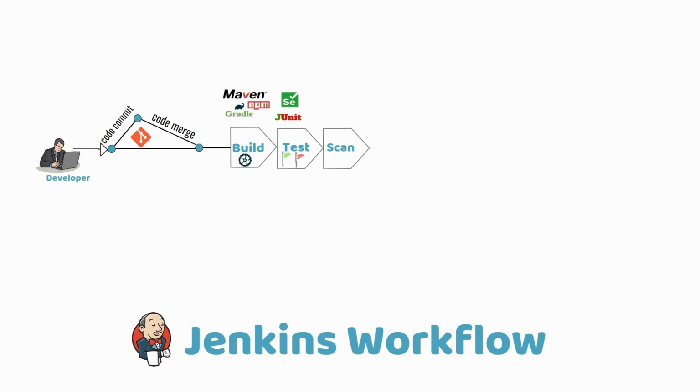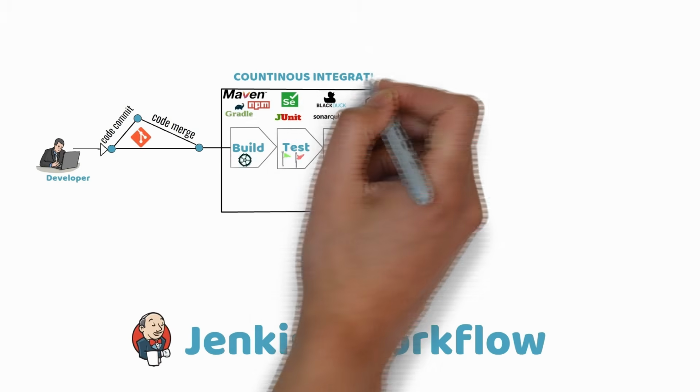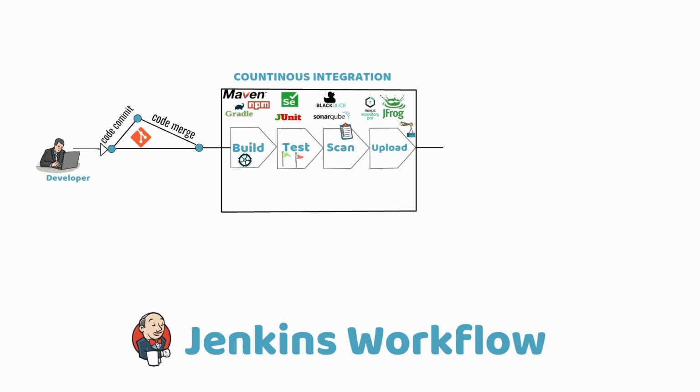If the test cases are passed, then the build will be scanned for vulnerability and static code analysis using tools such as Black Duck, SonarQube. Once the previous stages are successful, it will upload the build to a build repository such as Nexus, JFrog Artifactory. This complete process from build, test, scan, integration is commonly referred to as continuous integration or CI.